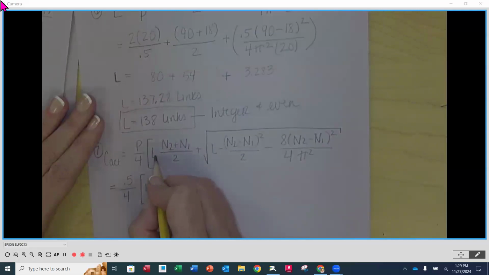Now you're going to use your actual links from above. So that's going to be the 138 for the L.